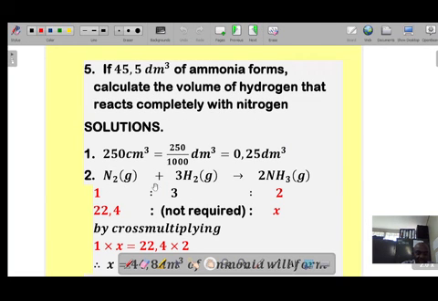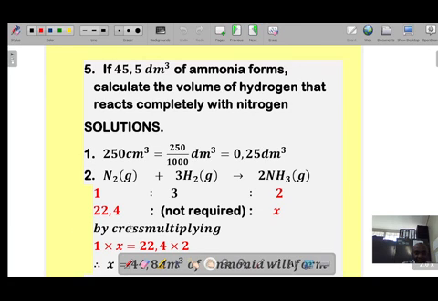Now nitrogen plus 3 hydrogen give us 2 ammonia. What's our molar ratio? 1 to 3 to 2. Don't forget, we must balance this one first. So I want to know how much ammonia will be produced if I react the 22,4 decimeters cubed of nitrogen.